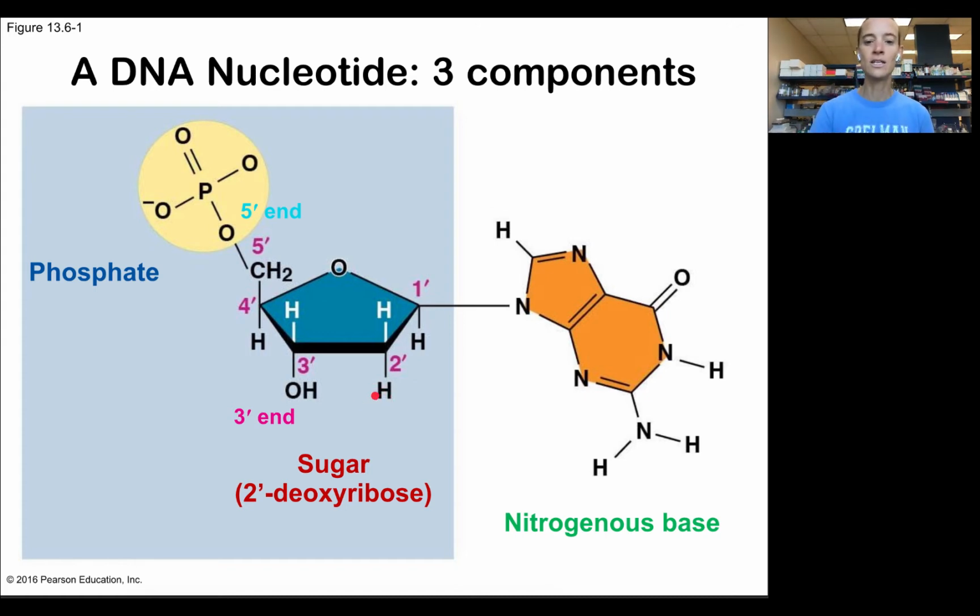The oxy aspect of it is not there. The 3' has a hydroxyl function, which is going to be extremely important both for DNA and RNA to allow for incorporation of more nucleotides in the strand of nucleic acid. And then the 5' end is the one that is covalently bound to the phosphate.